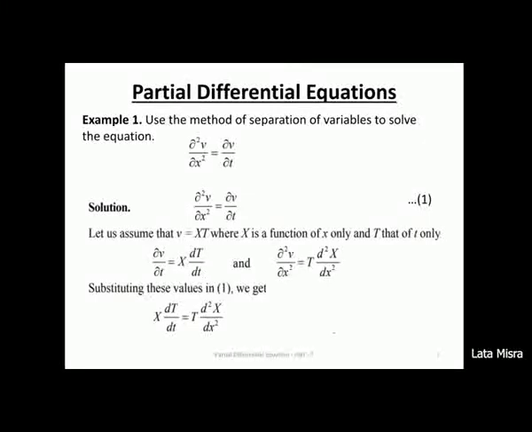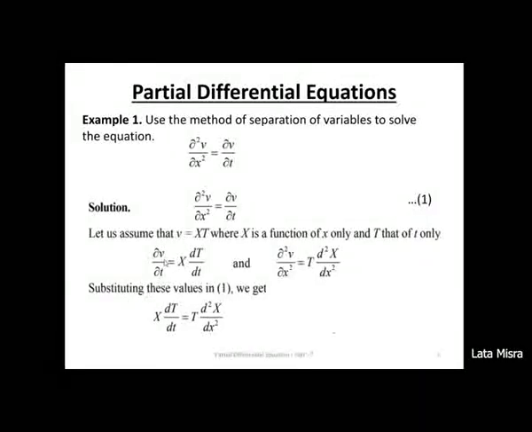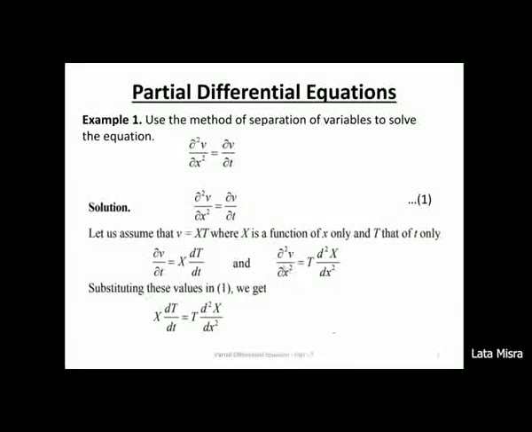Similarly, when we differentiate with respect to x, we get ∂v/∂x, where T is constant, so T dX/dx. Differentiating again, we get ∂²v/∂x², where T remains constant, equals T d²X/dx². So we have to differentiate v with respect to t once and with respect to x two times.